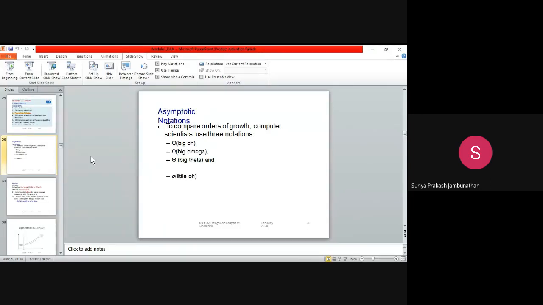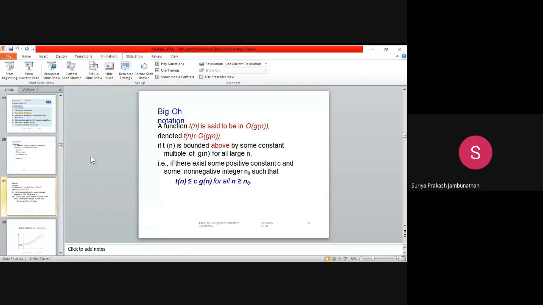Further, there is little o, which is not there in all the cases. Mainly, we are dealing with big O, big omega, and big theta. In these 3 notations, the big O function will be represented in this way. When the function t of n is said to be big O of g of n, then t of n belongs to big O of g of n.